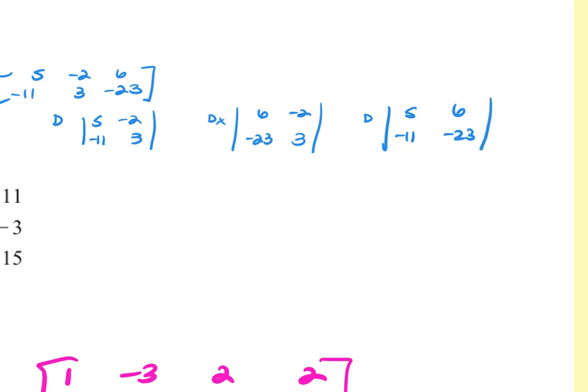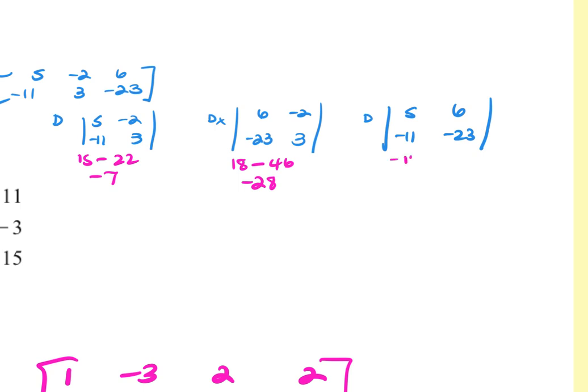So then this is 15 minus 22, negative 7. This is 18 minus 46, negative 28. And then this is 23 times 5.